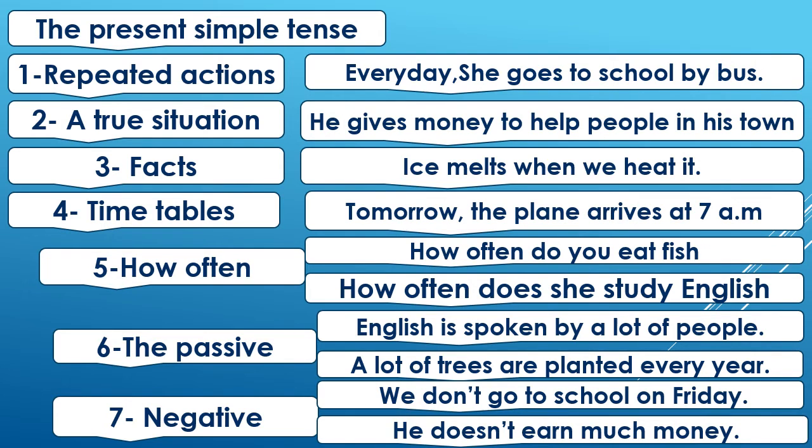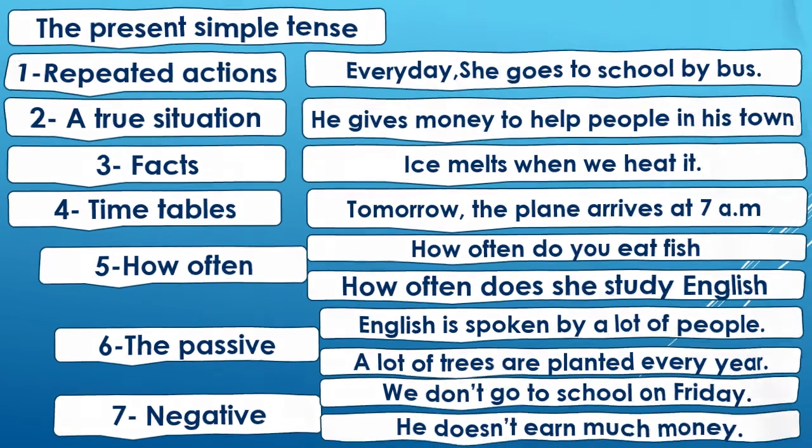The bus leaves the station at 5. Timetable in the present simple tense, in the future. Number 5, how often: how often do, how often does. Number 6, the passive is, are plus past participle, and number 7, negative with don't, doesn't, or never.